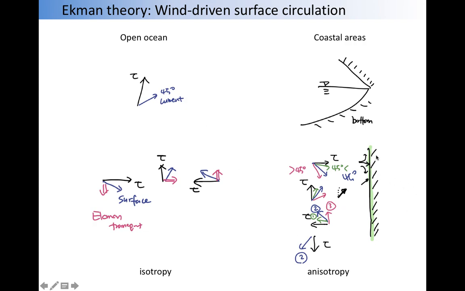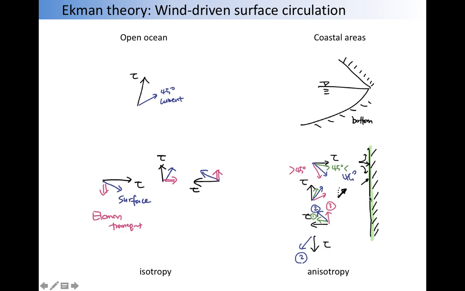Or if there's a boundary, water can be piled up at the coast. Let me repeat. If you have wind blowing, there's frictional balance and movement of water, and if you integrate over depth, you have Ekman transport that will move the water onshore and offshore, right?